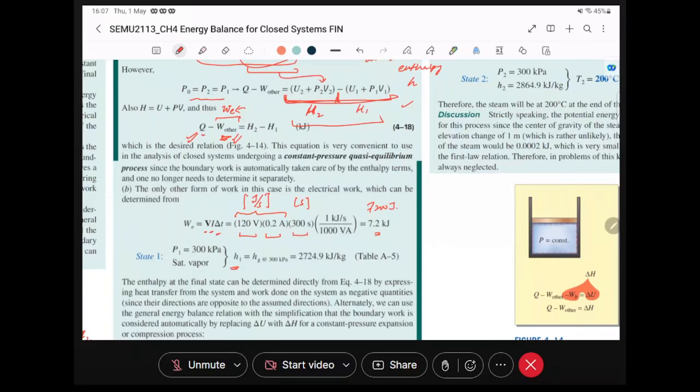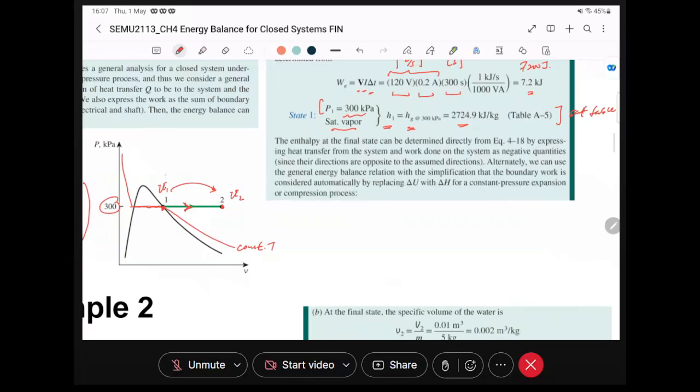Since we know the first state is saturated vapor, we know that this is the pressure. So then we look at the saturated table for this pressure, and then you'll find out that the Hg is this value. Very simple. This H1 equals Hg, because this is a saturated vapor, basically.